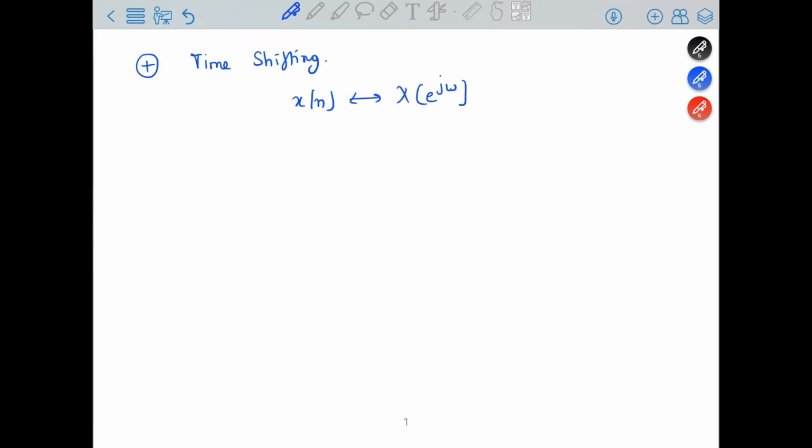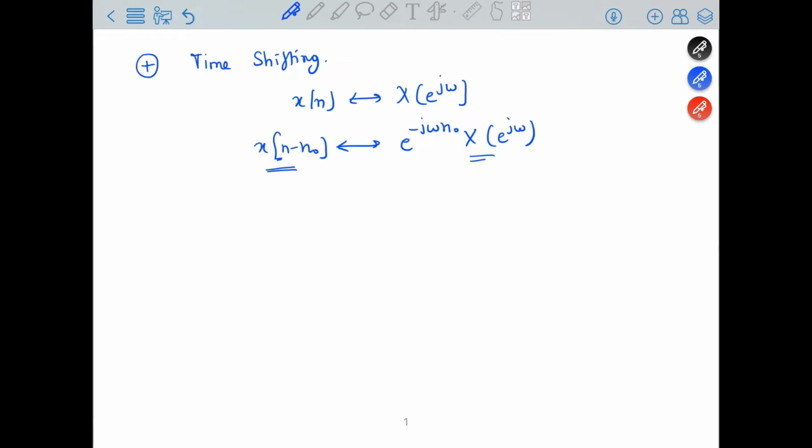This property states that x[n minus n naught] will have a Fourier transform of e raised to the power minus j omega n naught times X of e raised to the power j omega. As you can see, we are shifting the signal in the time domain, and it is analogous to multiplying our Fourier transform with a factor e raised to the power minus j omega n naught. Again, it is similar to what we discussed in the continuous time case. Here again the magnitude is not changing, only the phase value is changing.